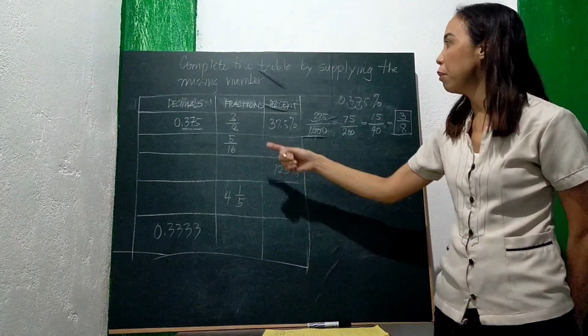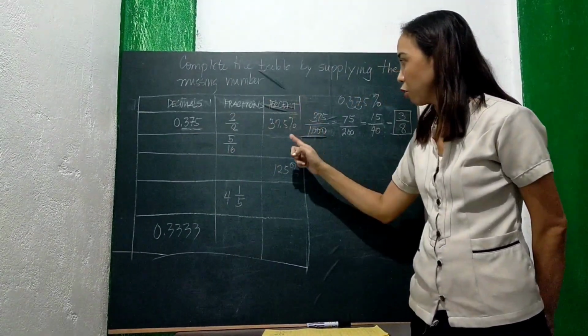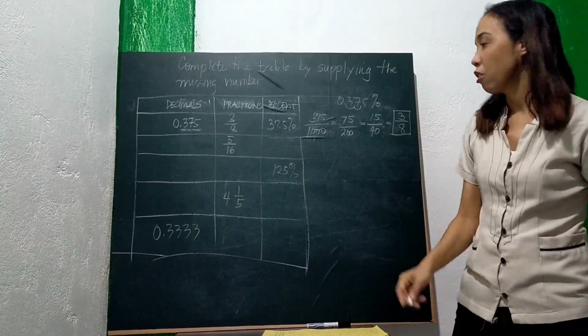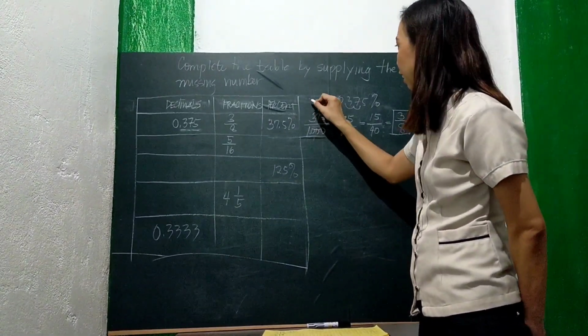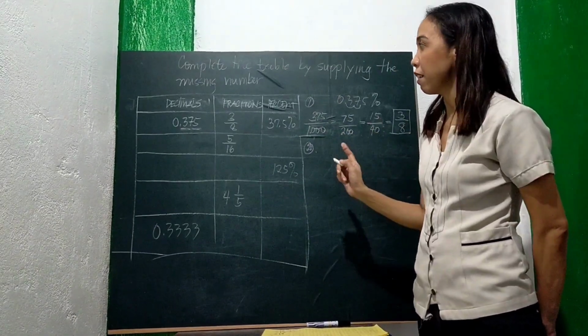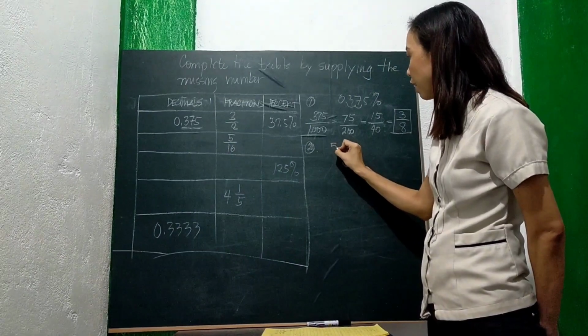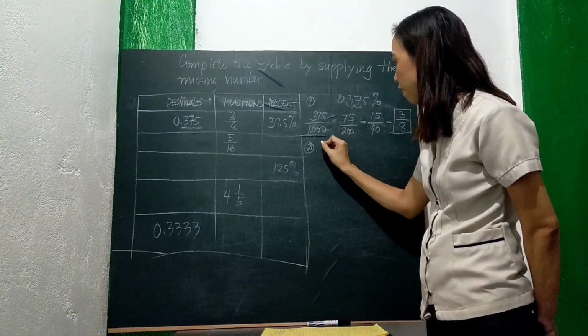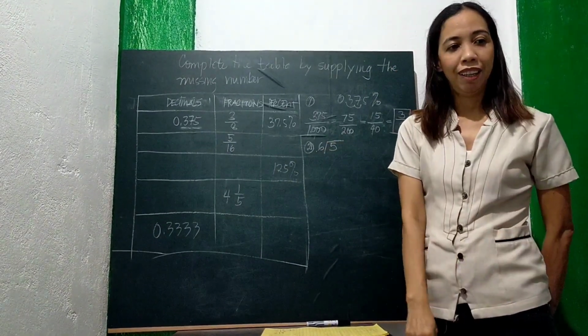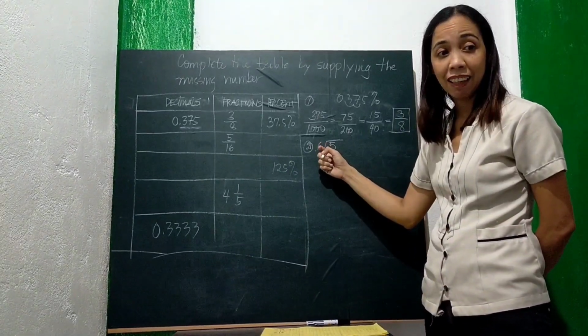Okay, next, we will convert this into decimals and into percent. So, how do we do that? This is number 1. So, number 2. To convert this into decimals, we will divide the numerator over its denominator. Okay? So, 5 divided by 6.